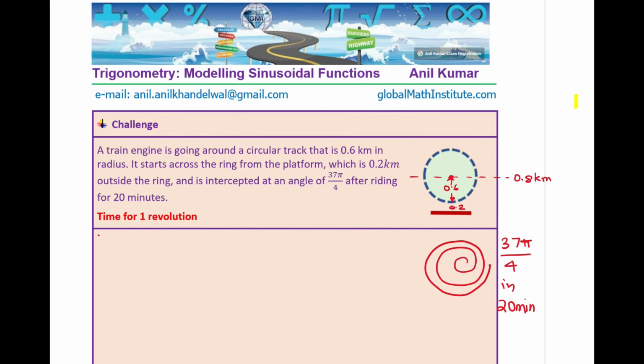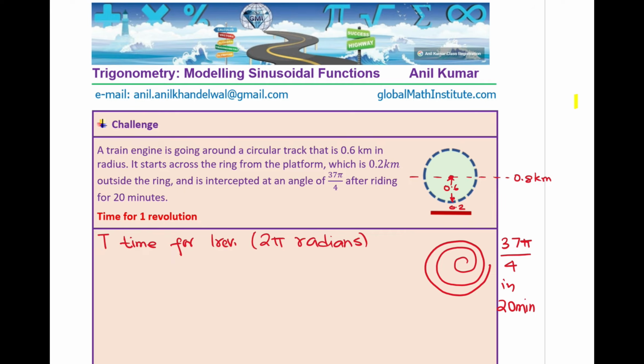So let T be the time for one revolution. When I say one revolution, it means 2π radians. So the time for 2π radians is what we need to find. You get the idea.